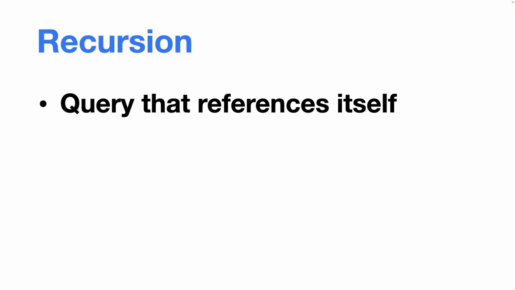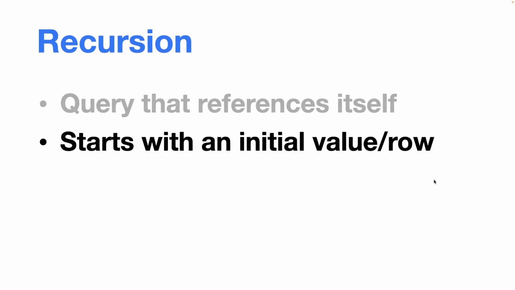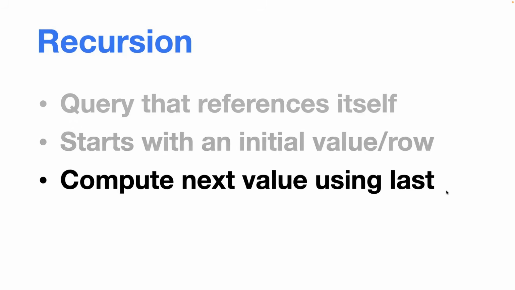So recursion is a general technique in programming. When it comes to SQL, recursion refers to the creation of a query that references itself. So the query starts out with an initial value or an initial row of data. Then the next value is computed using the previous value. So first it starts with an initial value. The second value is computed using the first value.